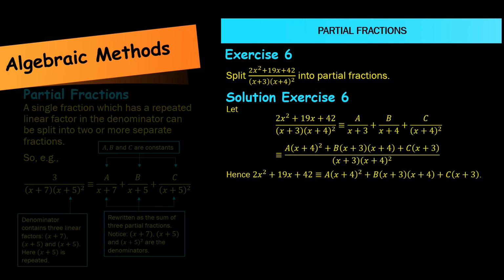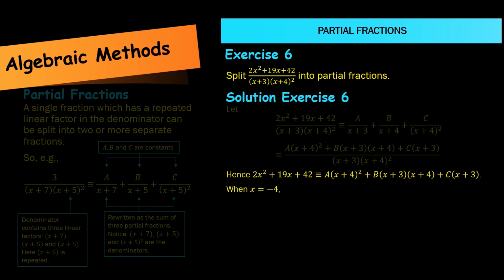When x equals minus 4, this is going to allow us to calculate the value of c, because the a term and the b term will disappear.